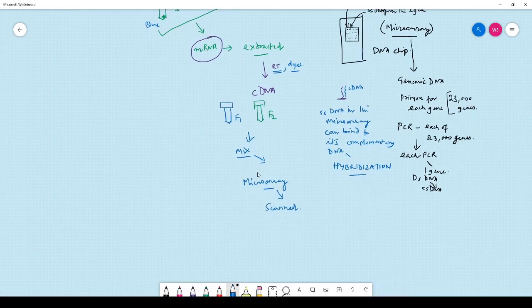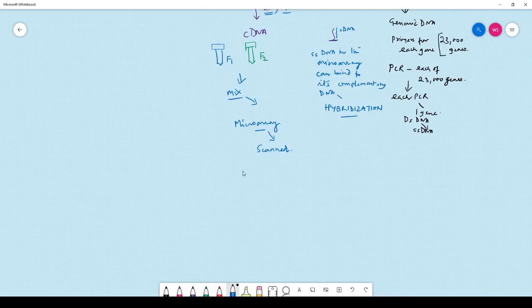When the microarray is scanned, there are three possibilities. There will be an overlap of blue plus green, that will give yellow. In some places there will be only blue, in some places there will be only green, and in other places there will be nothing.